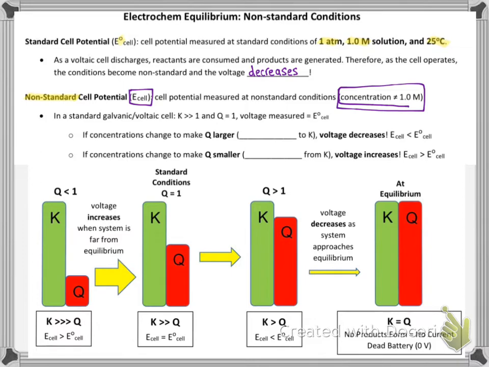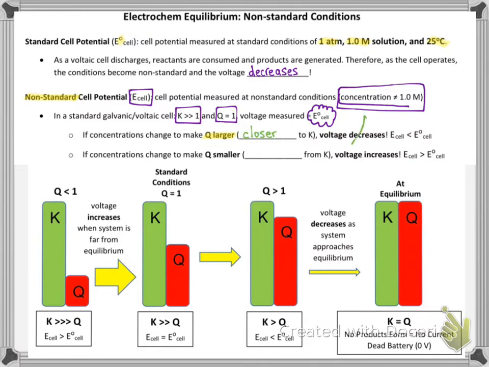We already know in a standard galvanic voltaic cell, it's spontaneous, right? It wants to make products, so K is much, much greater than 1, but at 1 molar solutions, Q is equal to 1. So that's when you have your voltage measured at E0 cell. That's your cell potential. However, we can change the concentrations to make Q larger. This would make Q closer to K, closer to equilibrium.